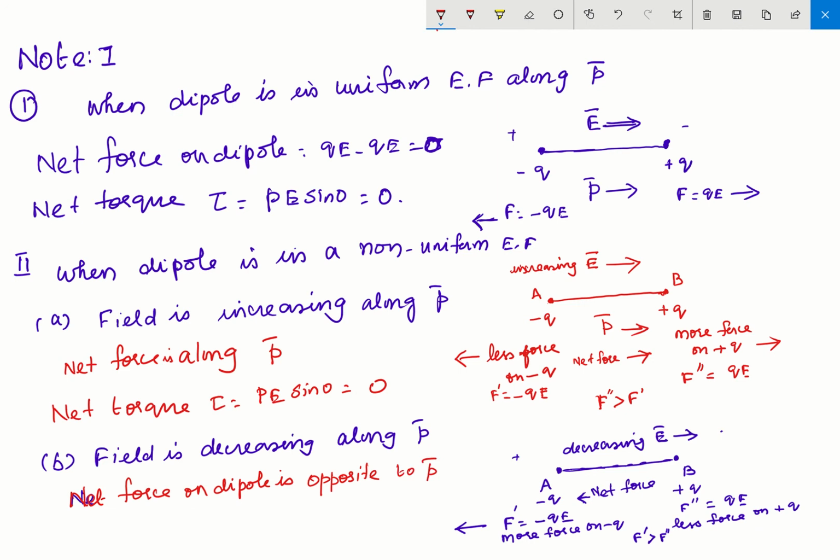Why? P will be in this direction now. P, in which direction is it? Negative to positive. But your net force will be opposite. Net force on dipole is opposite to P.